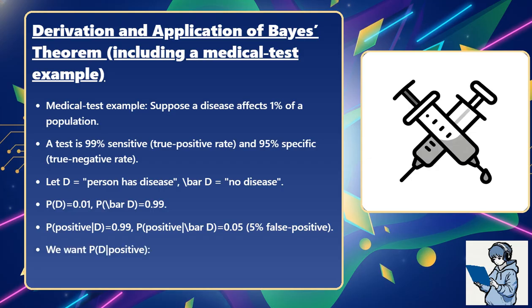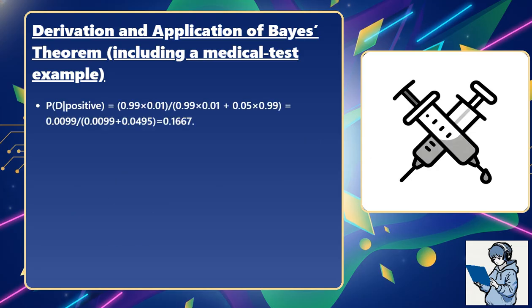We want P(D given positive): P(D given positive) equals (0.99 times 0.01) divided by (0.99 times 0.01 plus 0.05 times 0.99) equals 0.0099 divided by (0.0099 plus 0.0495) equals 0.1667.